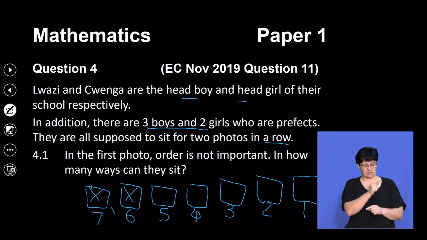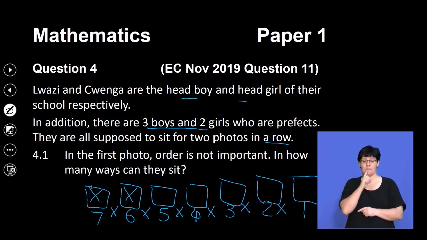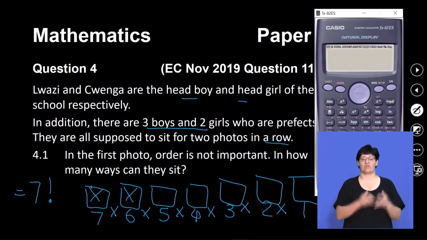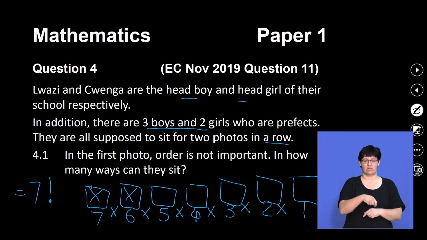So we're going to multiply all of those together, and hopefully you know that that gives you 7 factorial. So 7 times 6 times 5 times 4 times 3 times 2 times 1 is equal to 7 factorial. All right, so all we need to do now is put that on our calculator. So we've got 7 factorial, and that is equal to 5,040. So that's our final answer: 5,040 ways.